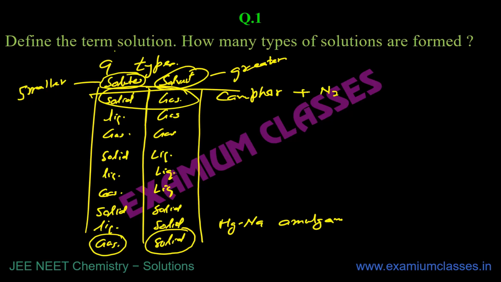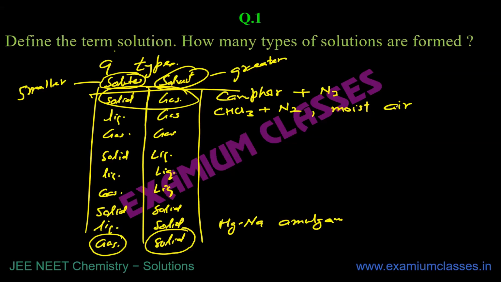Then liquid into gas can be a chloroform and nitrogen mixture. This is liquid, this is gas in greater quantity. Even moist air is an example, because air is nitrogen, oxygen, etc., and moisture means H2O. So H2O is liquid in air, so moist air is also another example.